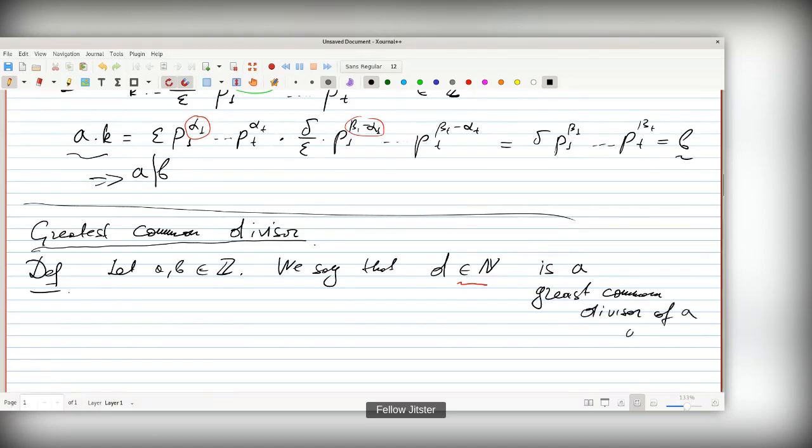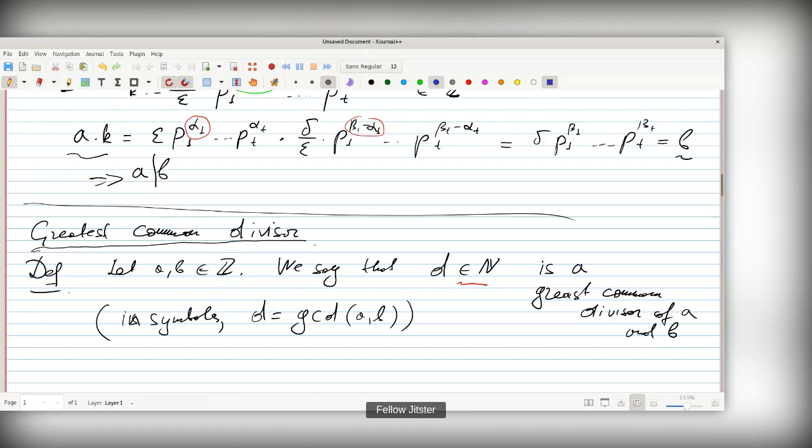In symbols, we put it the following way: d equals GCD of a and b, but please be careful here.